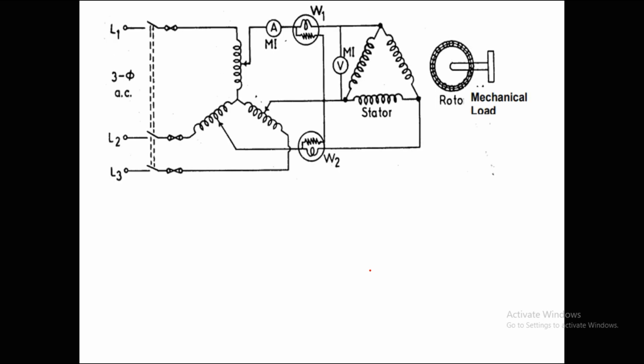So now we'll see the circuit arrangement for conducting the load test on a three-phase induction motor. In this picture we can see the direct coupling of the mechanical load with the shaft of an induction motor.